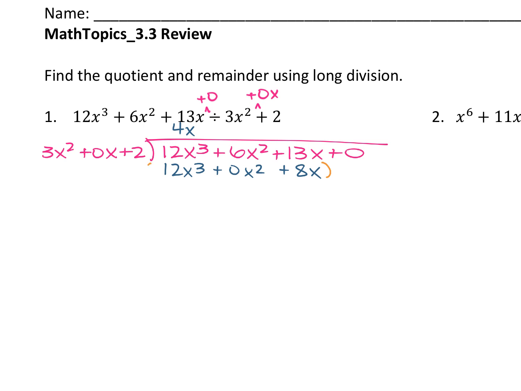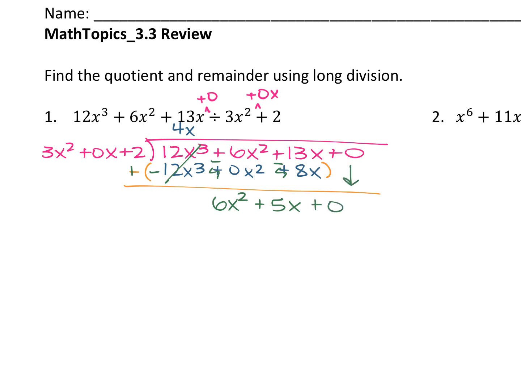From here, we subtract, distribute that negative in, change the sign on everything, and add the opposites. Your 6x squared minus 0x squared is 6x squared. The 13x minus 8x is 5x, and then that 0 drops down.